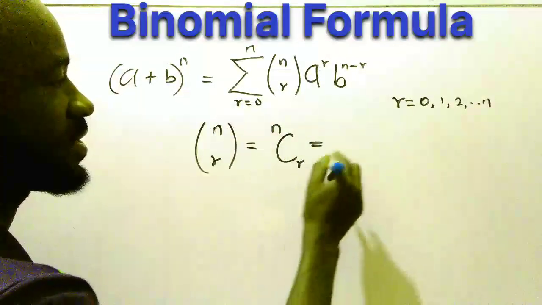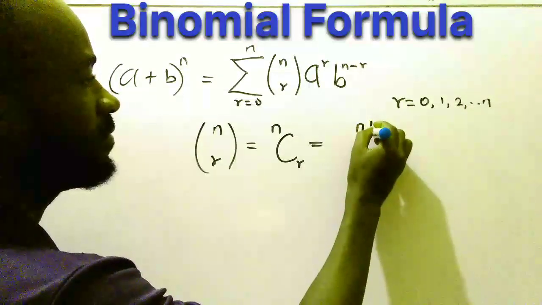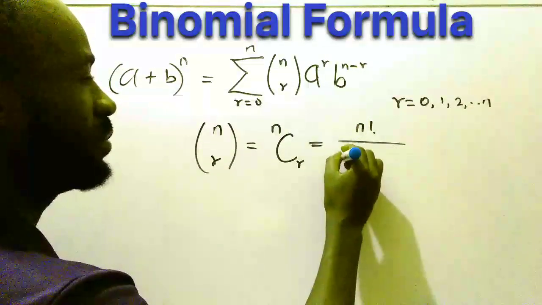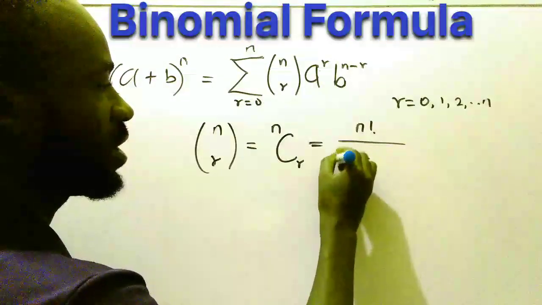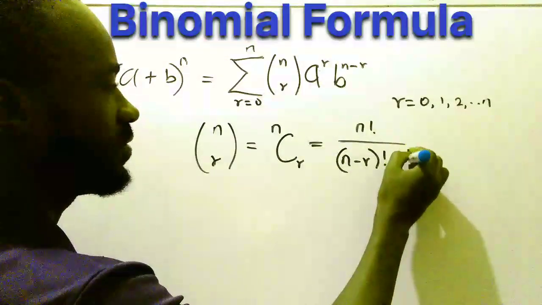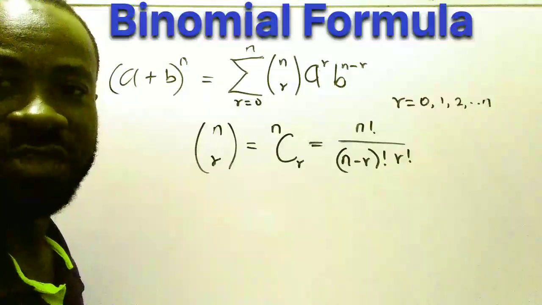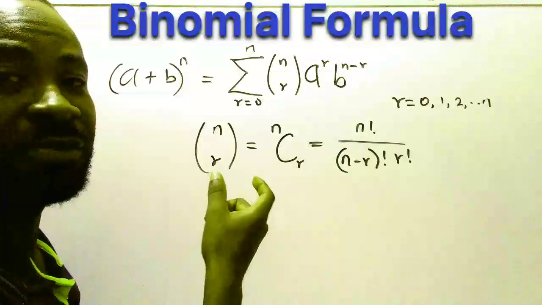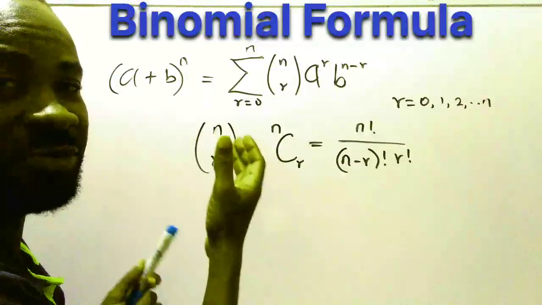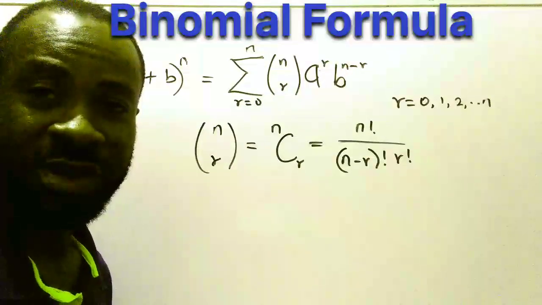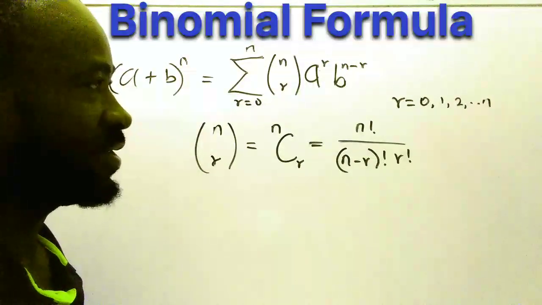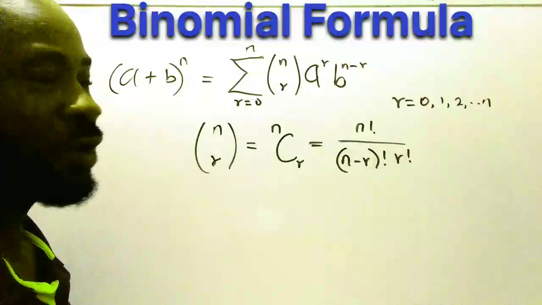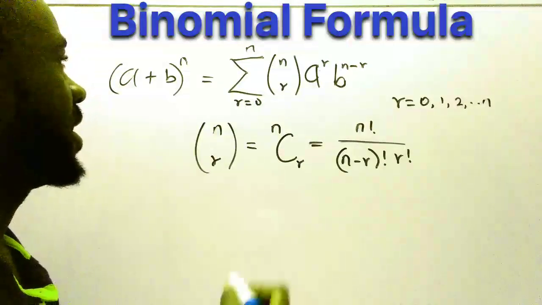But this stands for the formula n factorial divided by n minus r factorial times r factorial. So when you have all this information, applying this to expanding binomial expressions becomes very easy for us to do. Okay, so let's start.